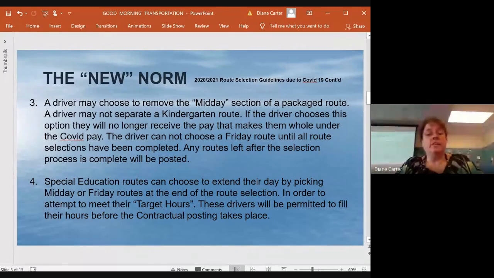So if you decide that you want to drive one of our special ed routes because that's what you like to do, and we haven't fulfilled your target hours, once we find out how many middays and Friday routes there are, if you want a midday, which would be the kindergarten and the elementary in the middle of the day, or if you want a Friday route to fulfill your hours, we can do that. And you've got that option because our special ed routes really are only morning and afternoon.